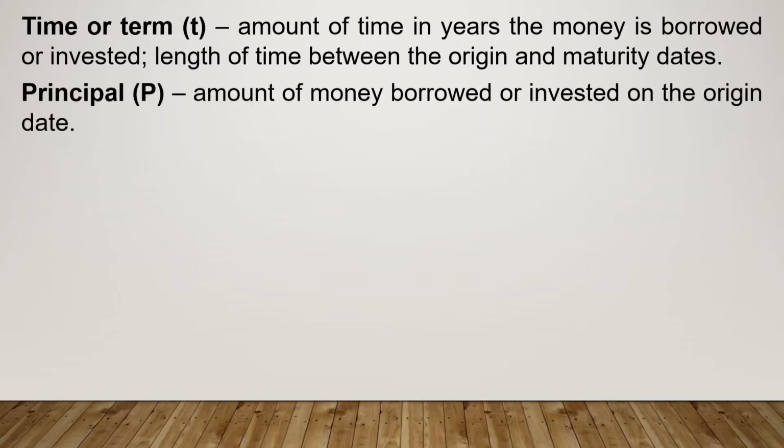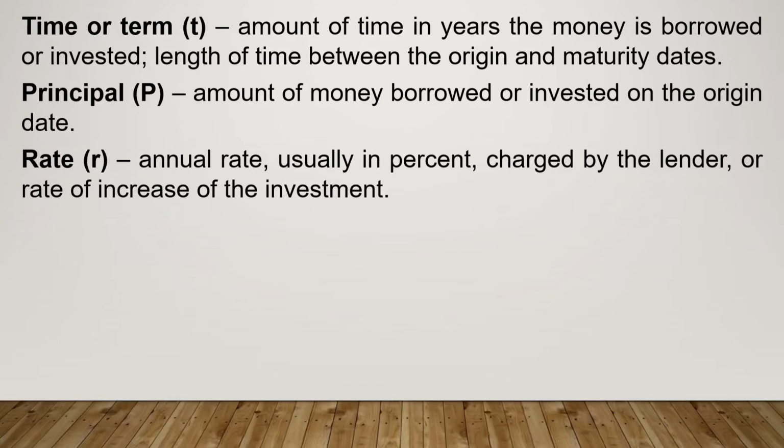Next, we have the principal or capital P. It is the amount of money borrowed or invested on the origin date. So it is the amount of money given or lent to the borrower on the origin date.